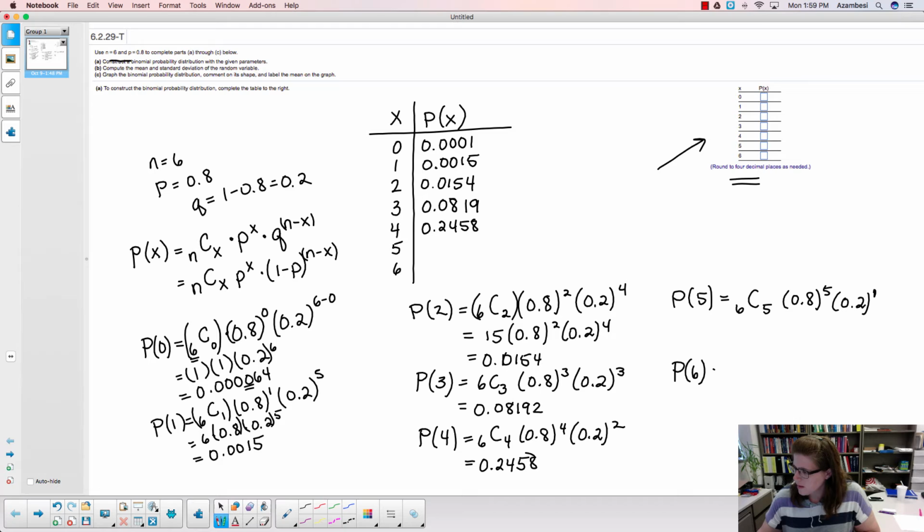I'll write out the 6 as well. That's to the 0 power. It's 0.3932.